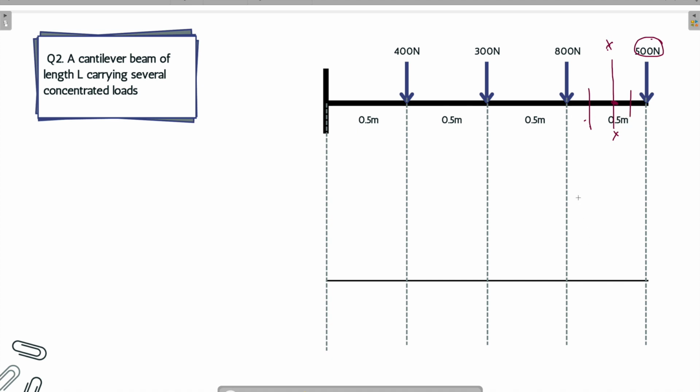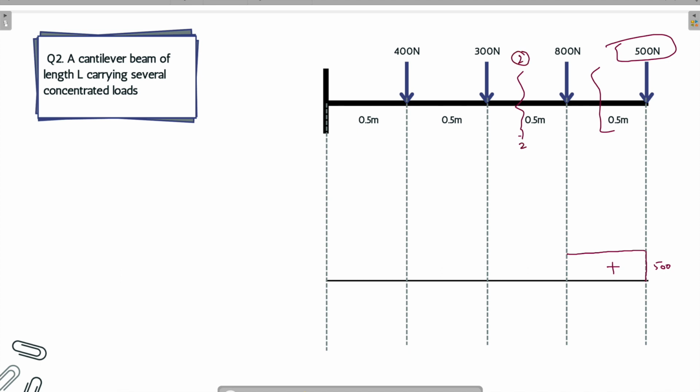So as far as the section is moved between this part and this point, 500 Newton is trying to rotate the beam in the clockwise direction. So it will be positive, and the magnitude will be whatever is in the right hand section of the beam, 500 Newton. So this is 500.